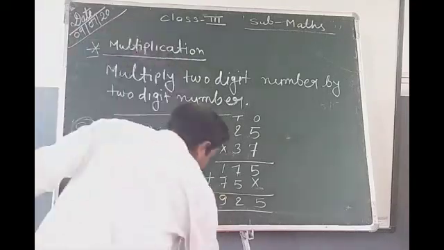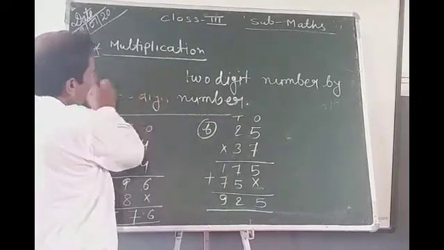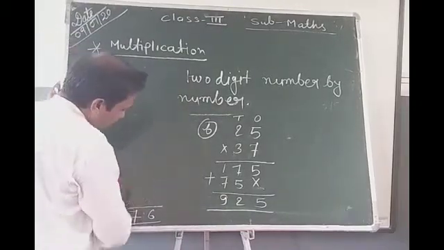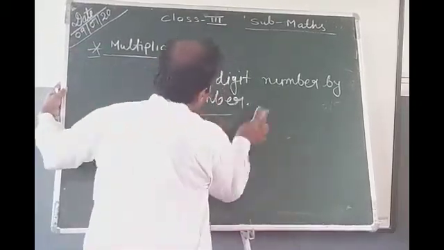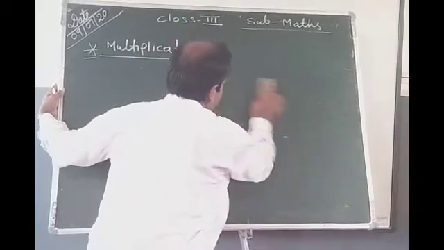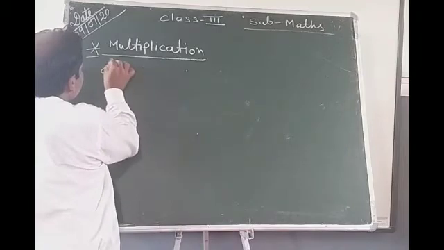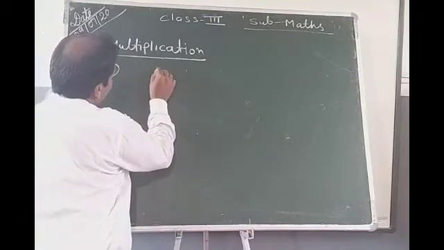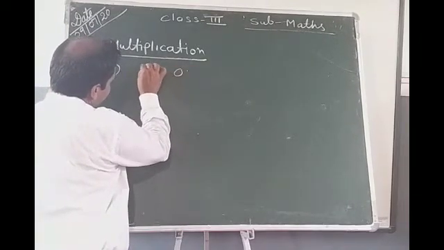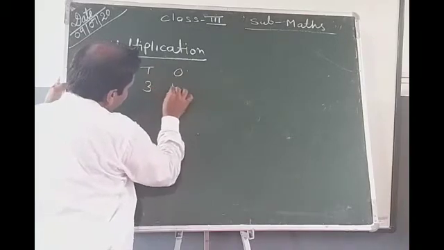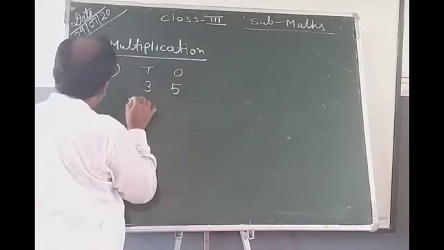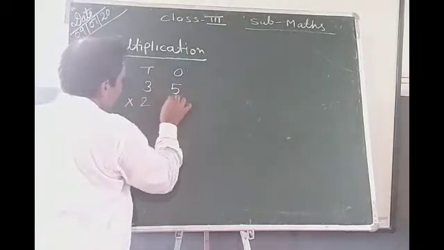So you see here some more examples properly. See here question number C. 35 multiplied by 27.